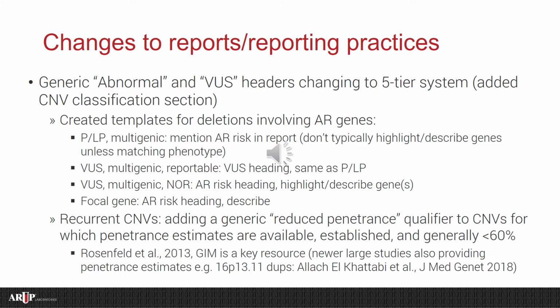Studies such as the Eichler and Signature Labs case control and inheritance comparisons, as well as newer large-scale studies that have focused on individual recurrent CNVs, have really been key resources for determining this information. And so, speaking on behalf of the Dosage Sensitivity Working Group, we intend to have this information updated also on the public site.